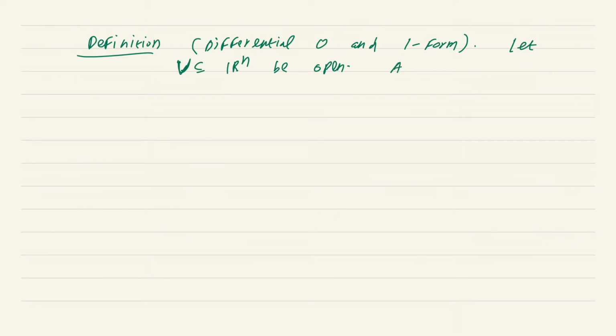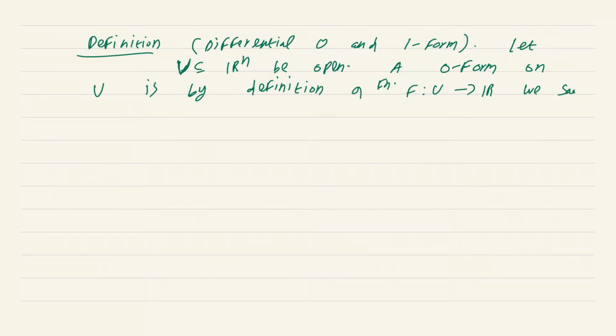A 0 form on U is by definition a function f from U to R. We say the 0 form is Ck if f is Ck. This is also called a differential 0 form.